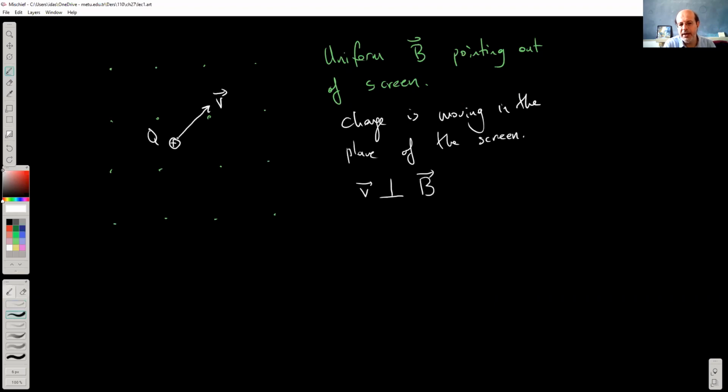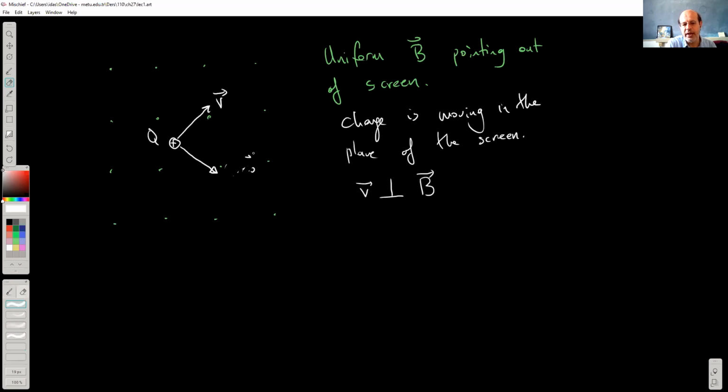If it is positive, I have to use the right hand again. V cross B is basically a vector along this direction. That's V cross B. Since the charge is positive, Q times V cross B is also in the same direction.